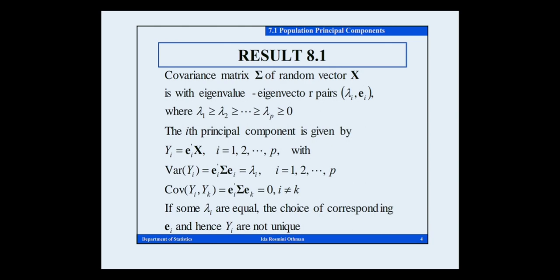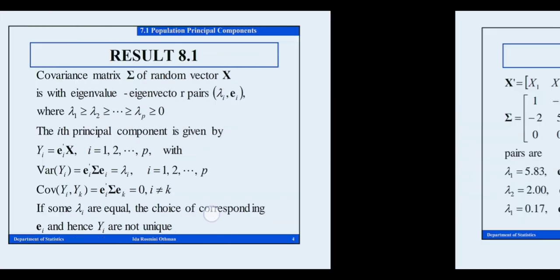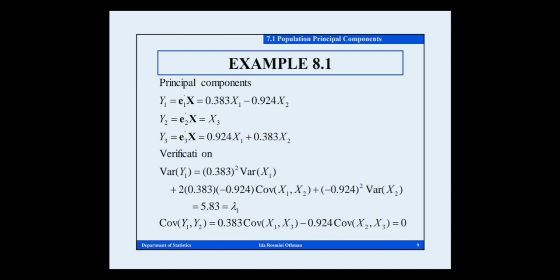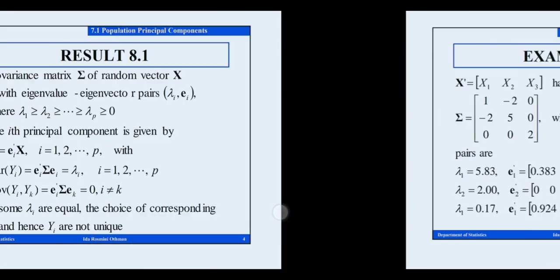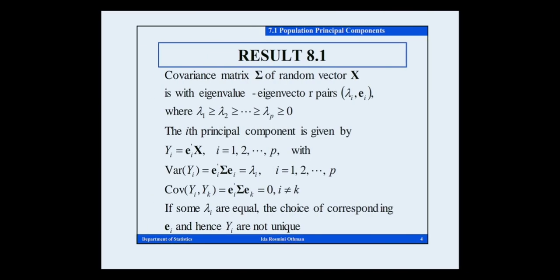Okay, satu lagi tadi kita punya theorem, dalam theorem 8.1 dikatakan covariance of the two principal components is 0. So you try to apply. Let's say nak cari covariance between y1 and y2, so it will be E1 transpose multiply variance covariance matrix multiply E2, you akan dapat 0.